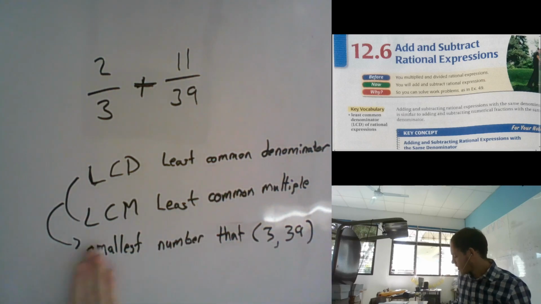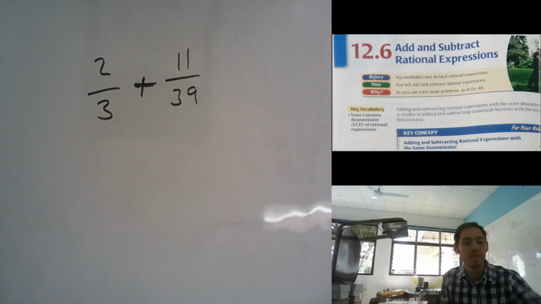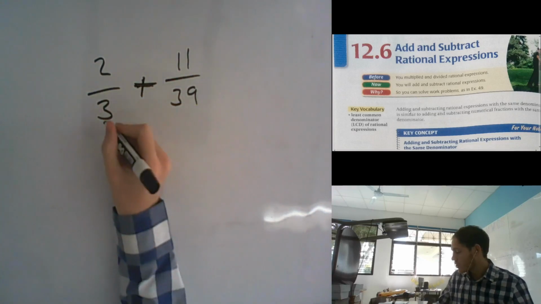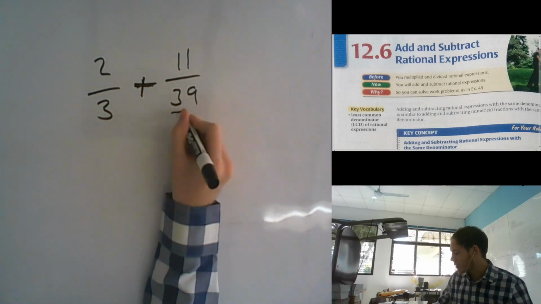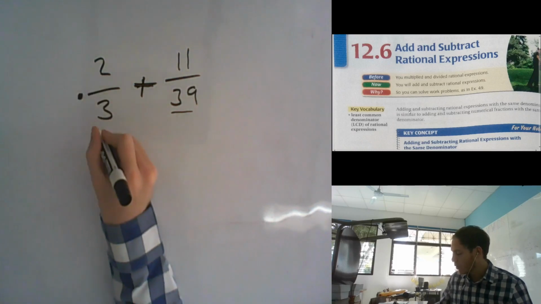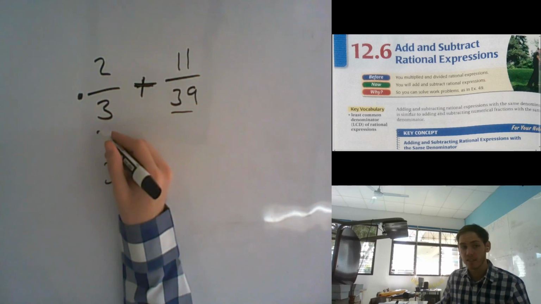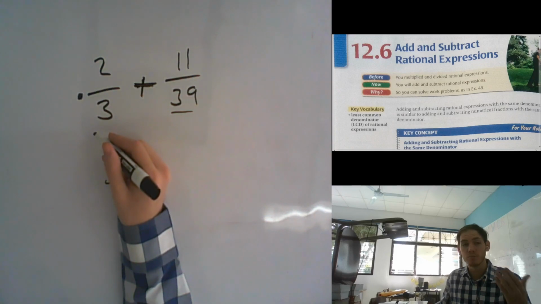So in this case, is 3 a factor of 39? Yeah, 3 is one of the factors. So actually, our least common denominator is going to be 39. So then we multiply what is required. Greatest is biggest, and multiple means product.